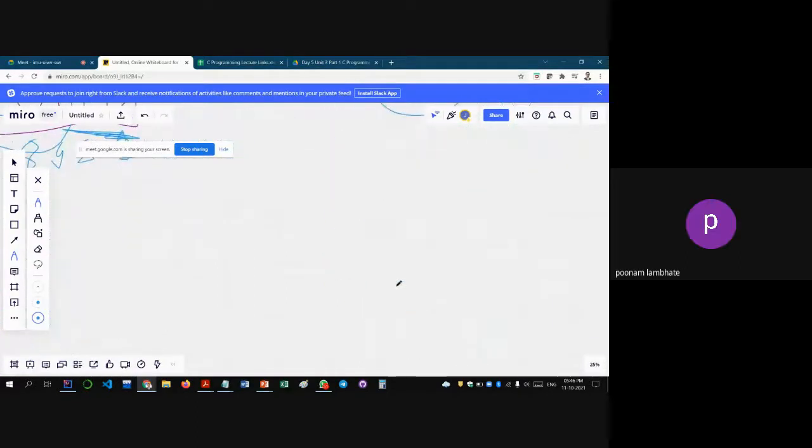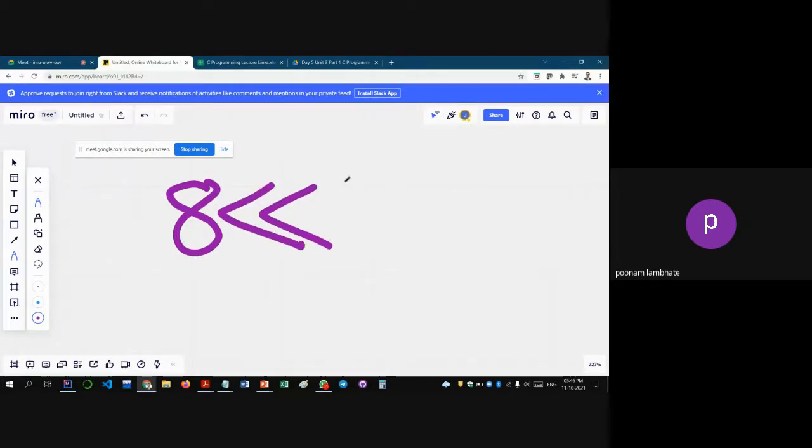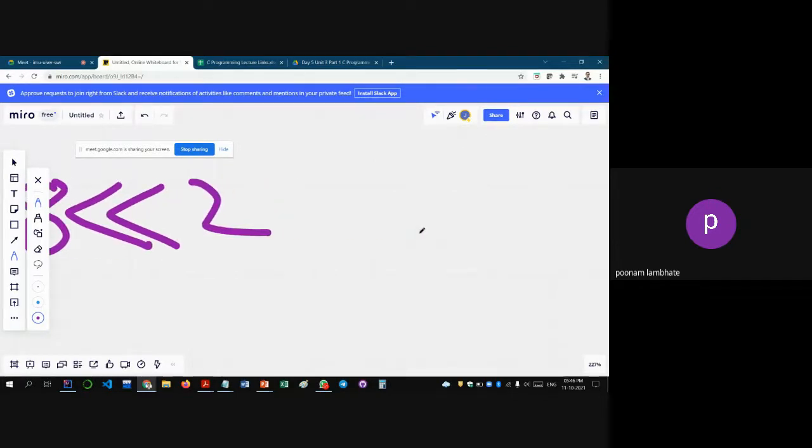Yes. Okay. Now let us see left shift. So suppose 8, this is for left shift 2. So again consider those 4 spaces only.